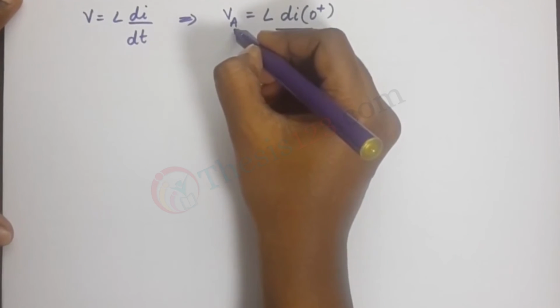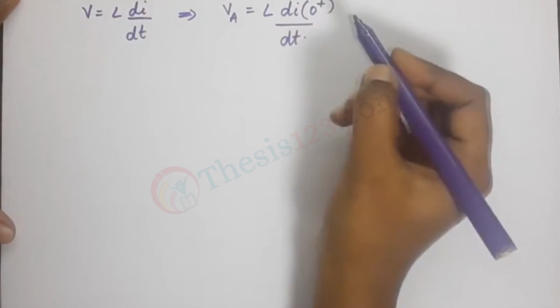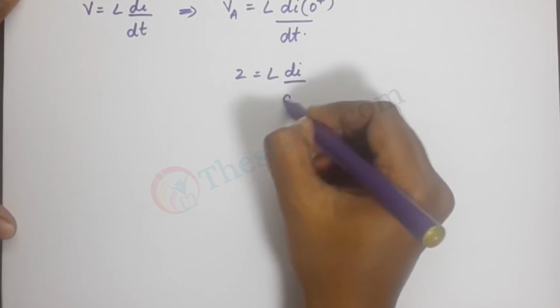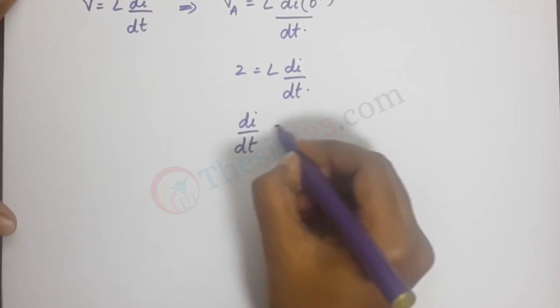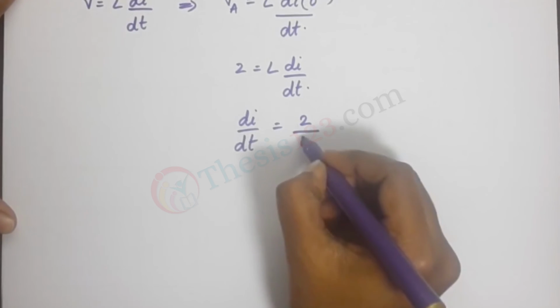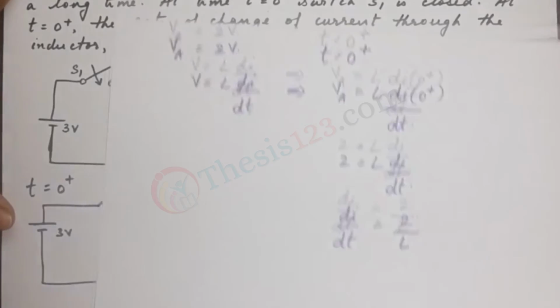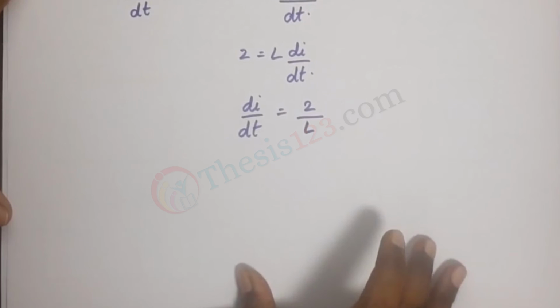We have found what VA is. VA is 2. So if we substitute that over here, we have 2 equals L di by dt. So di by dt is equal to 2 divided by L. From the circuit, we have the value of L given to us as 1 Henry. So we substitute that value here.